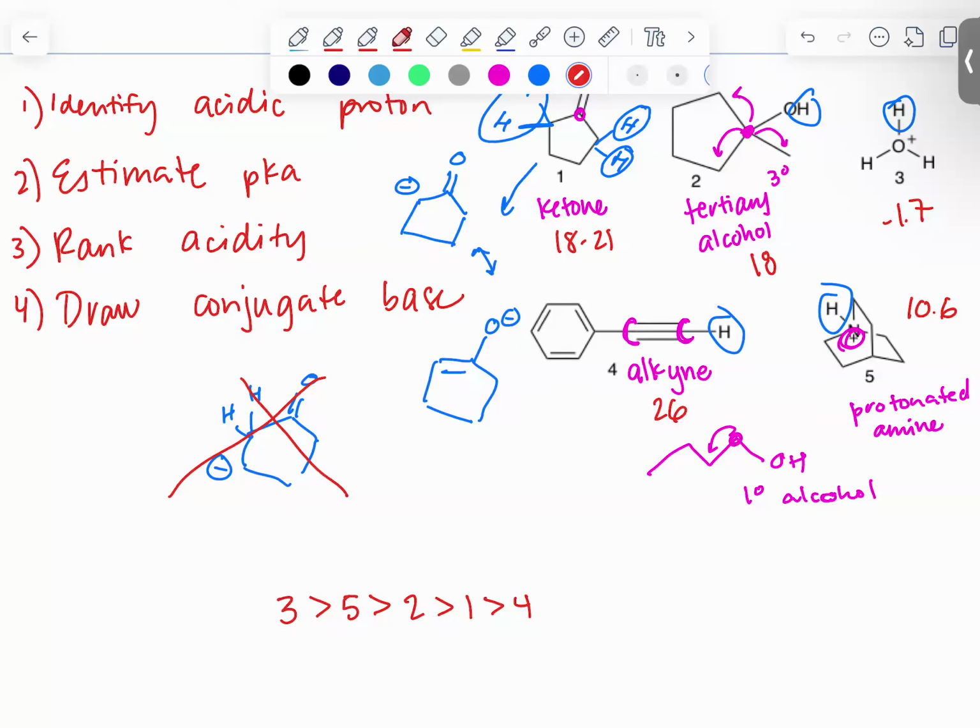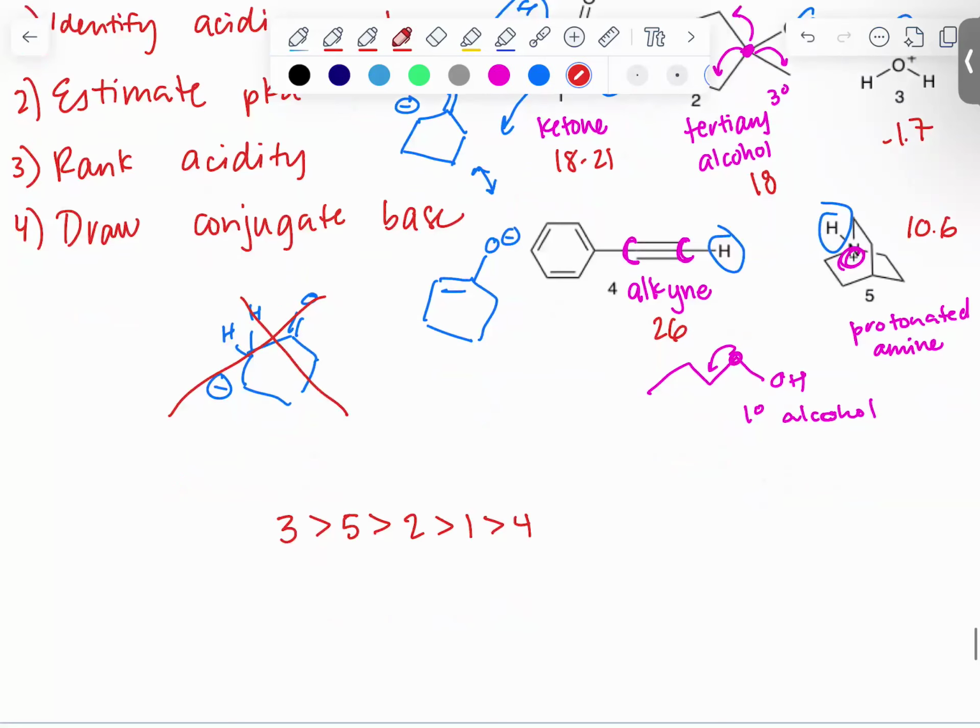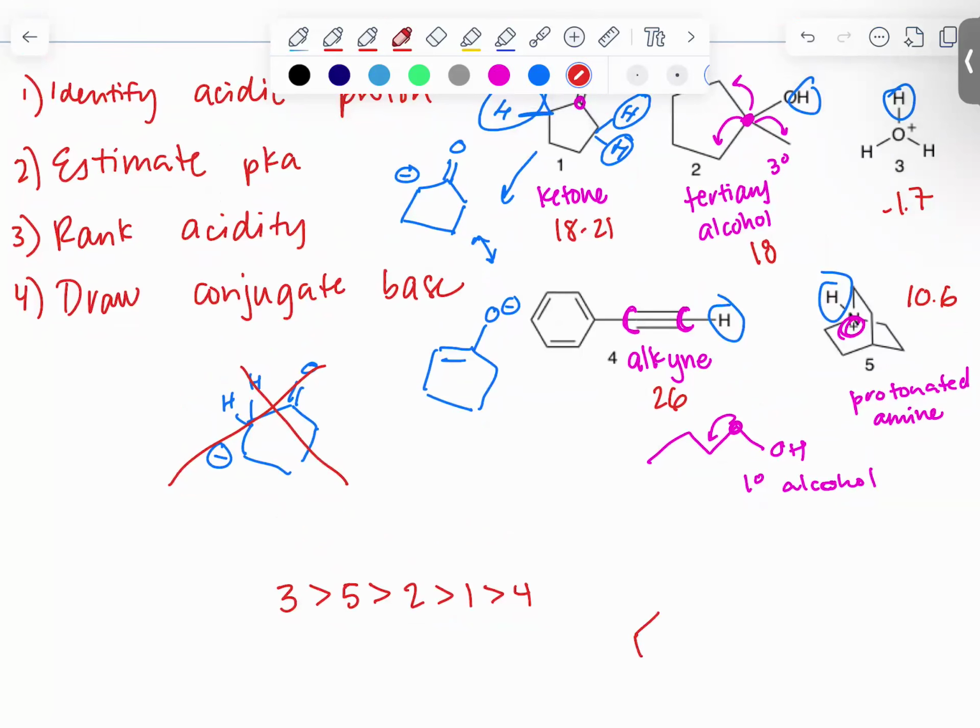Great. Conjugate bases. Drawing a conjugate base means removing that acidic proton. So we already did that for the ketone, but for our tertiary alcohol, we can start with the normal structure. We're then going to remove our proton, but in removing our proton, those electrons had to go somewhere. O-. That's fine.